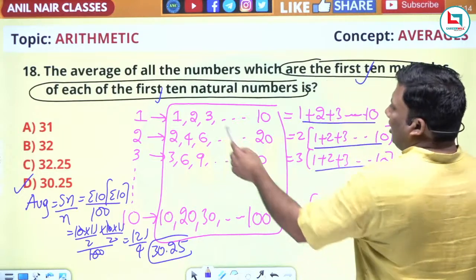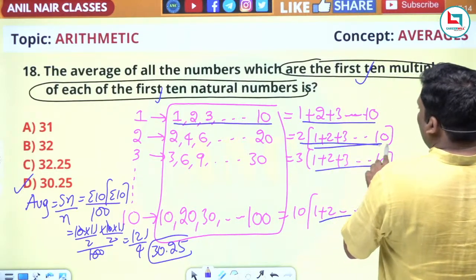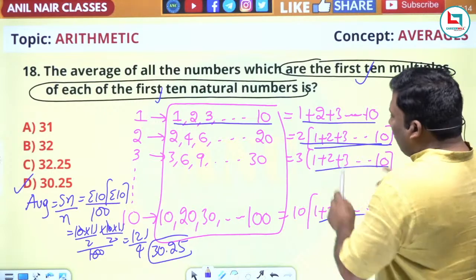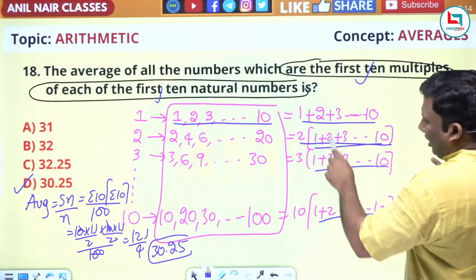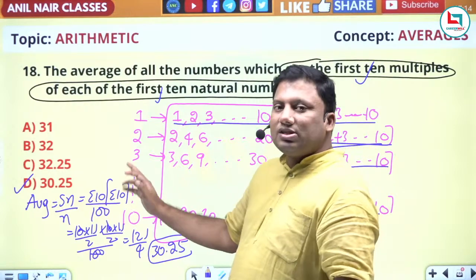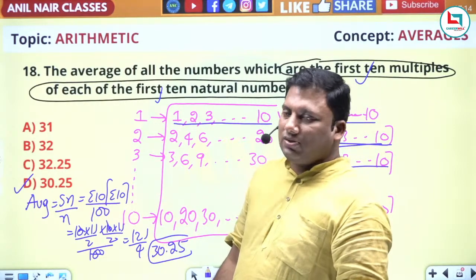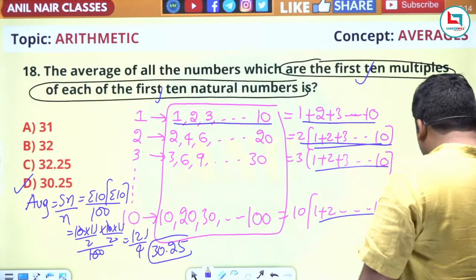While adding it, it is 1 plus 2 plus 3 till 10. It is 2 into 1 plus 2 plus 3 till 10. 1 plus 2 plus 3 till 10 if I take common, again 1 plus 2 plus 3 till 10 we will get it. Sum of the natural numbers is given by n into n plus 1 by 2.